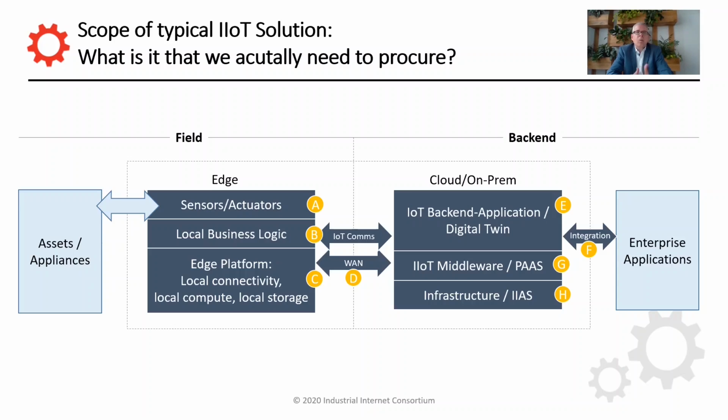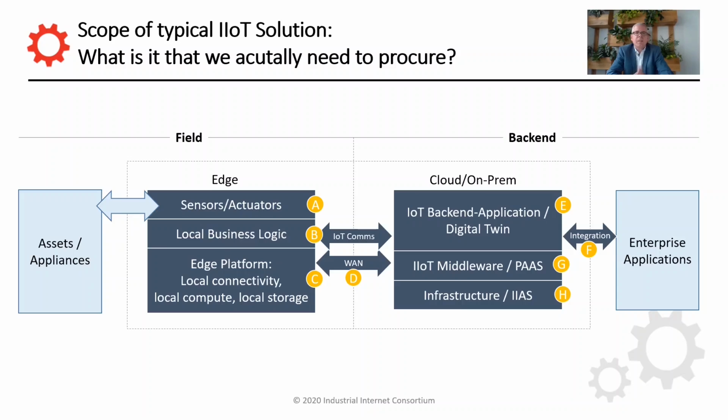Number B, we have some business logic deployed in the field on your edge platform. That's in a lot of cases custom developed business logic. Number C is the edge platform that provides you with local connectivity, local compute capabilities, local storage. And then number D is the communication link to the backend.